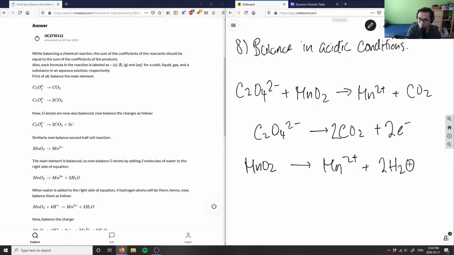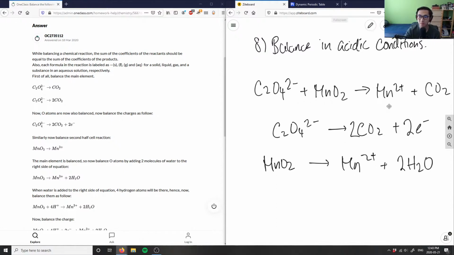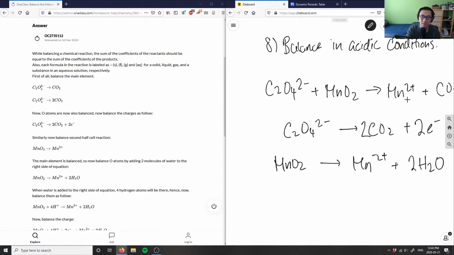I have 2 H2O on this side, which introduces 2 times 2 is 4 hydrogens, so I'm going to have to balance out 4 hydrogens on this side as well. So I'm going to add 4 H plus. And we have an abundance of H pluses because we are in an acidic condition. So this is 4 H plus MnO2 here.